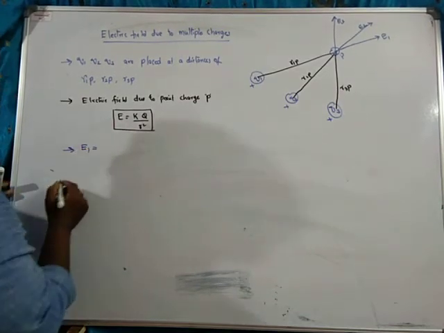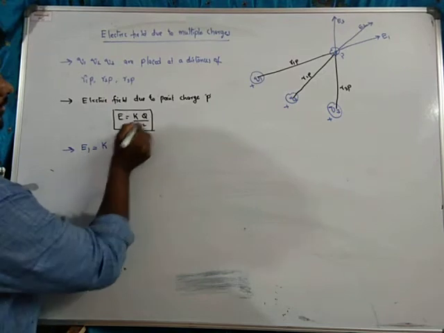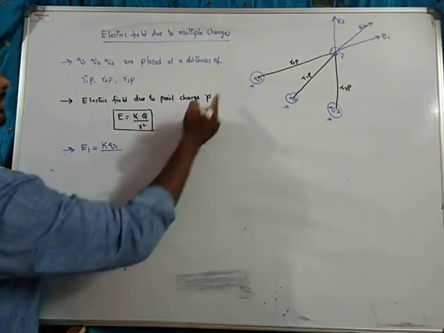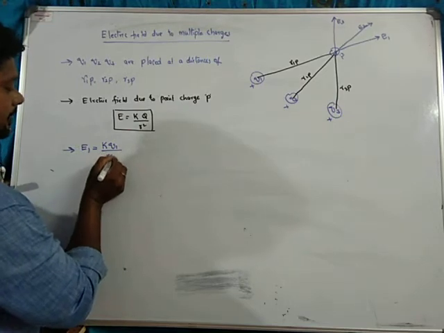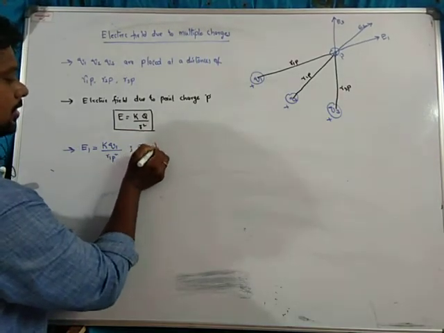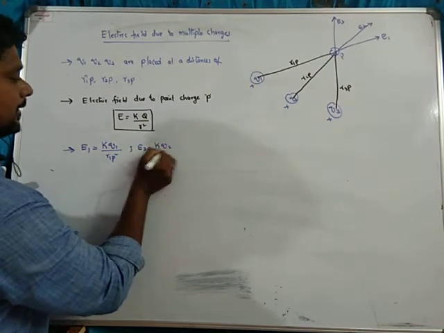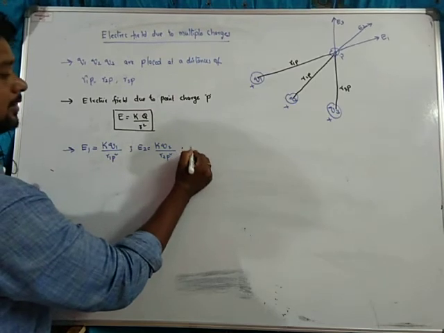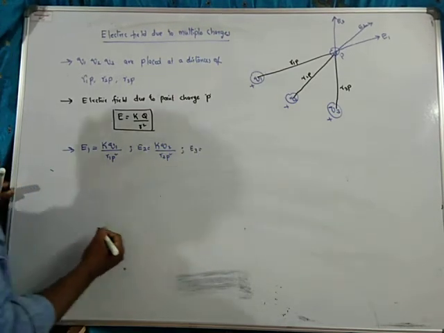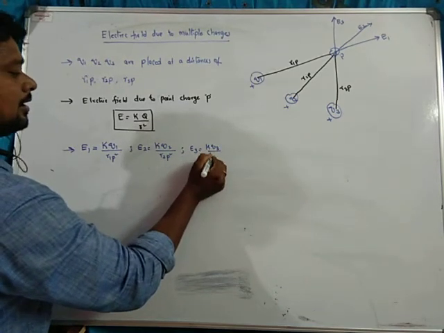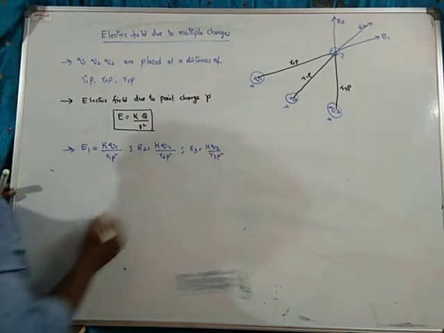So what will be electric field 1? K into, instead of Q we represent this as Q1, divided by R1P square, since the distance is R1P. Similarly for E2, it is KQ2 by R2P square. Similarly for the third one, the electric field due to the point charge is KQ3 by R3P square.